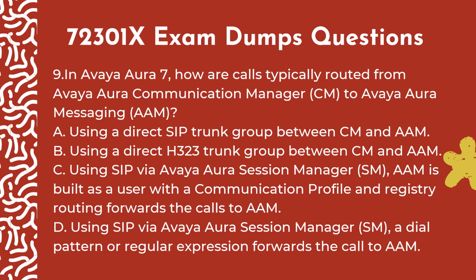C. Using SIP via Avaya Aura Session Manager (SM). AAM is built as a user with a communication profile, and registry routing forwards the calls to AAM. D. Using SIP via Avaya Aura Session Manager (SM). A dial pattern or regular expression forwards the call to AAM.